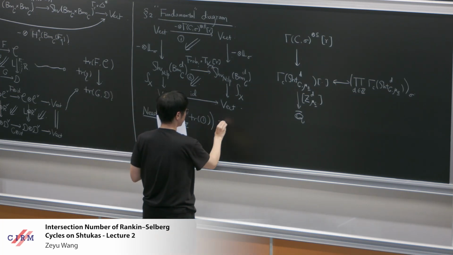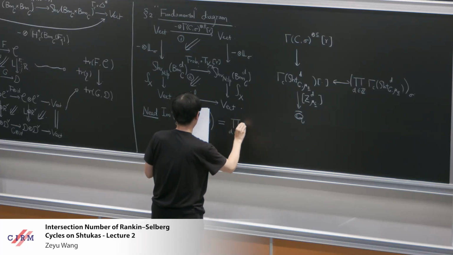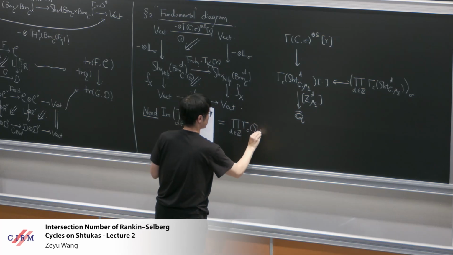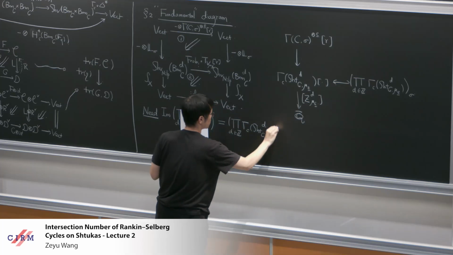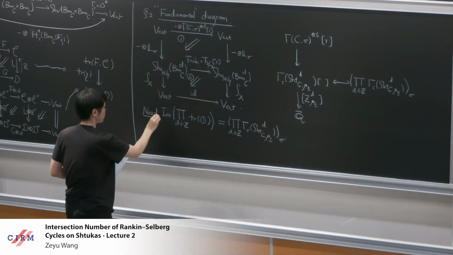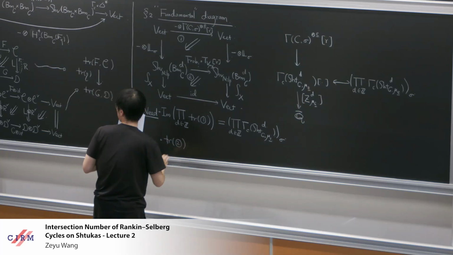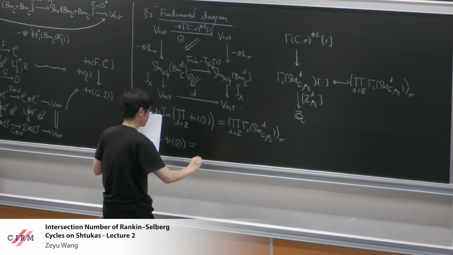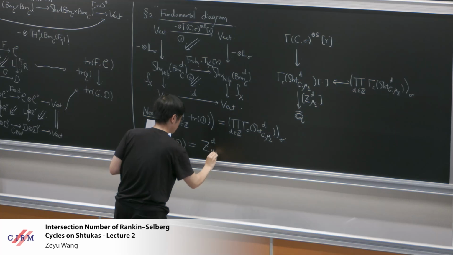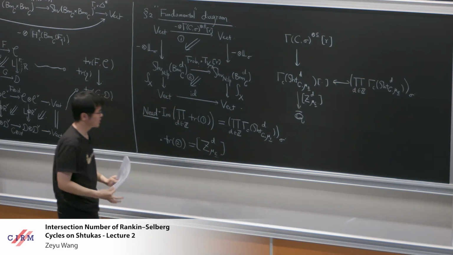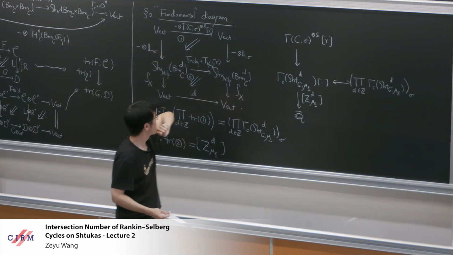So you want the image to be equal to the sigma isotypic part. Okay, so that's the first requirement. And the second requirement is that you want the trace of 2 to be equal to a special cycle. Yes, that's all the conditions you need for these natural transformations to satisfy.